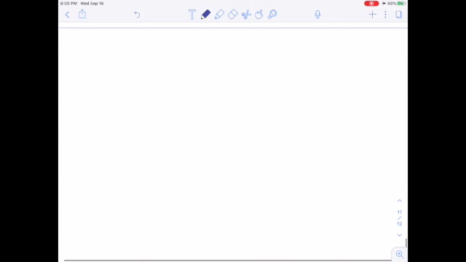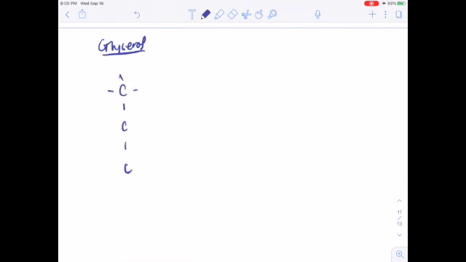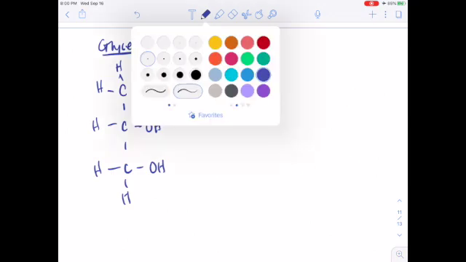I'm going to draw a glycerol molecule. Glycerol is a 3-carbon molecule. Each carbon makes 4 covalent bonds. Most of them just have hydrogens hanging off of them, but they've got these alcohol groups hanging off of them right there. There's a glycerol molecule, plain and simple.